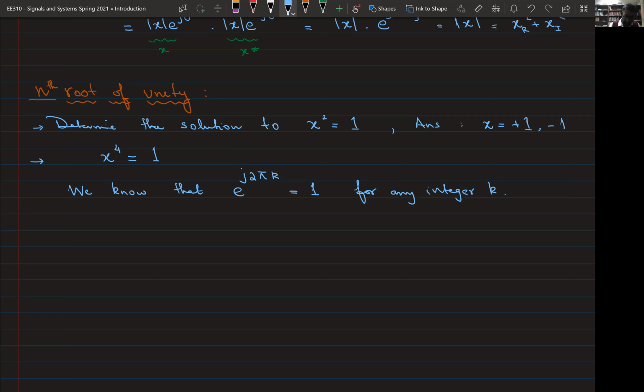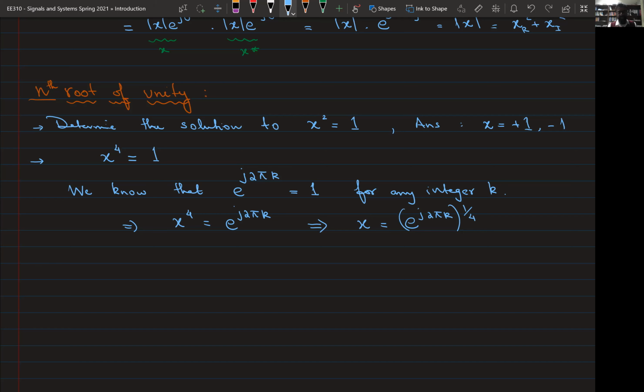Let me just say that x raised to power 4 is equal to e raised to power j 2 pi k, where k is any integer. And this implies that x is equal to e raised to power j 2 pi k, raised to power 1 by 4, for any integer k.